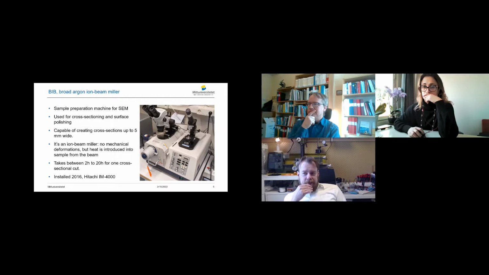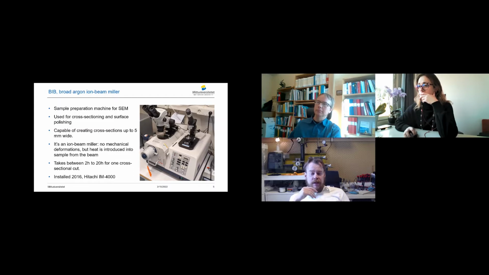The strength when you're doing this kind of cross section with this machine is that because you have this plasma beam, it is very mechanically gentle towards the surface. So we don't introduce any mechanical deformation as you will have if you grind it with mechanical polishing. Then you will start to tear down fibers and things like that, or they start to become clamped and bent.